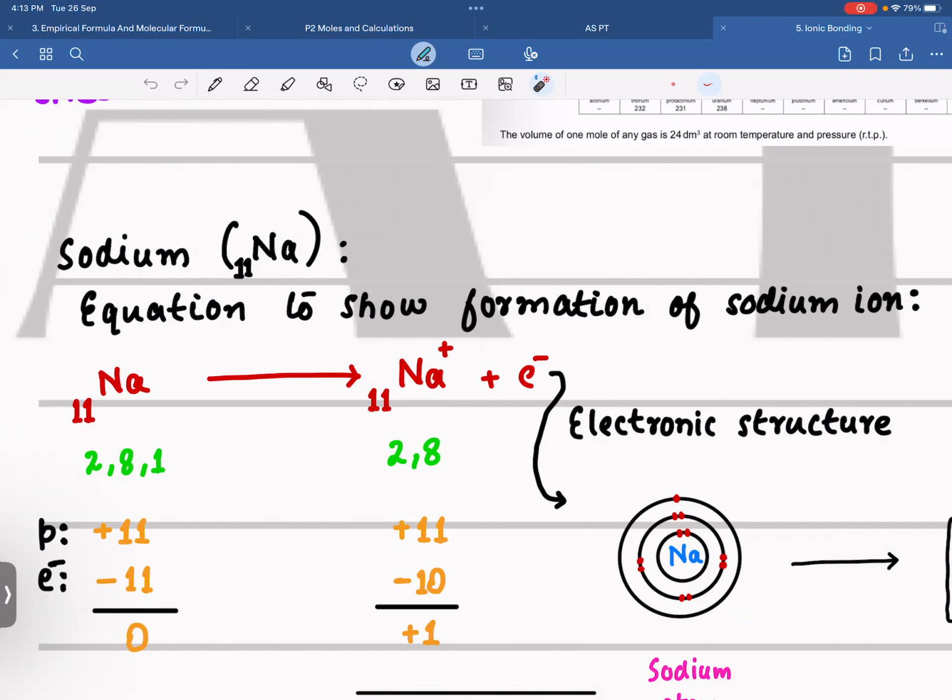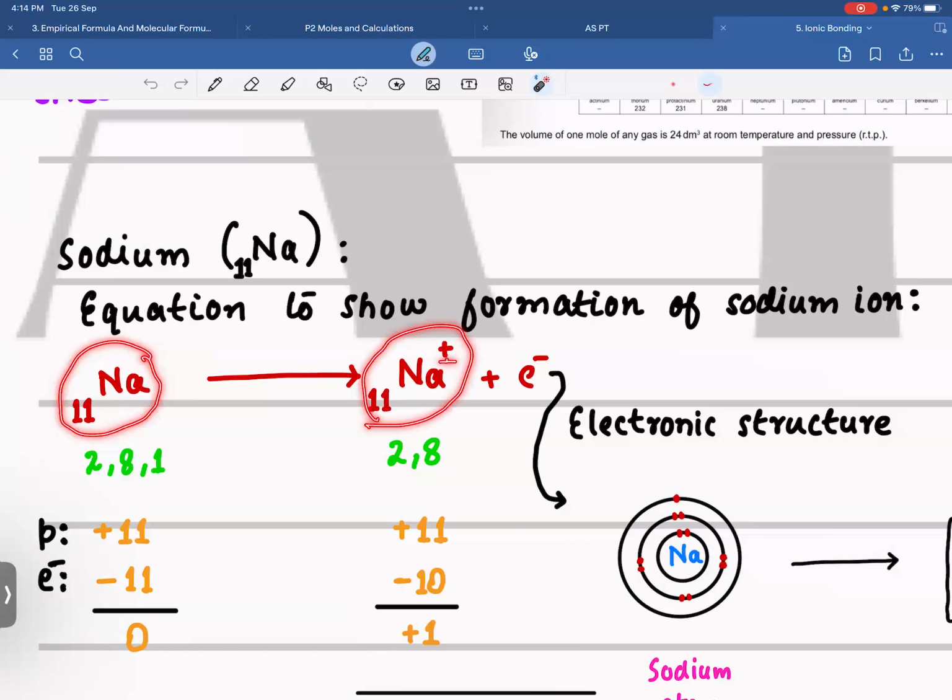Is this clear? See, the atom has 11 protons and 11 electrons. If we add them, the charge of 11 protons is plus 11, and the charge of 11 electrons is negative 11. So we get a net charge of 0, which is why there is no charge on the atom. But on the ion there is a charge, and that charge is plus 1.